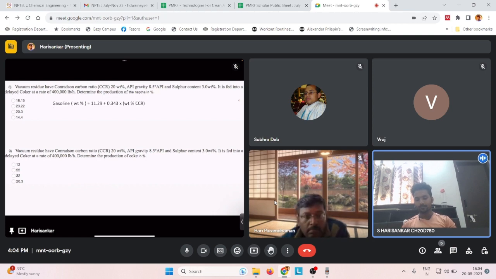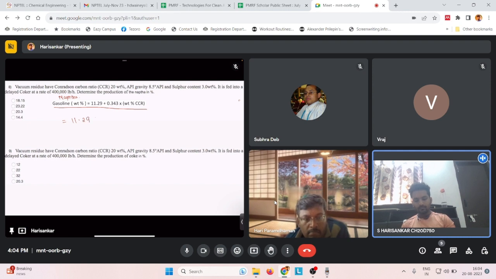Okay. This is based on the formula for gasoline. We just saw this formula in the last question as well. As I said, we can use this gasoline formula for naphtha as well. Based on this formula, we can find the weight percent of naphtha in the production.